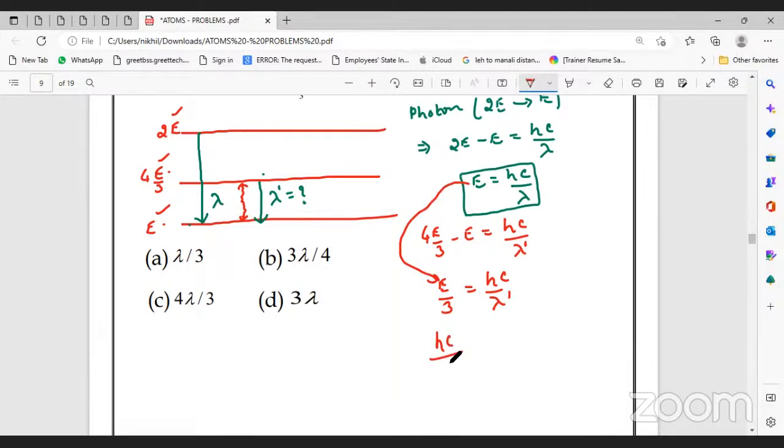That is hc by lambda, this 3 as it is, which is equal to hc by lambda dash. So you can cancel out this hc and hc. Do the cross multiplication. Lambda dash is equal to 3 times of lambda.